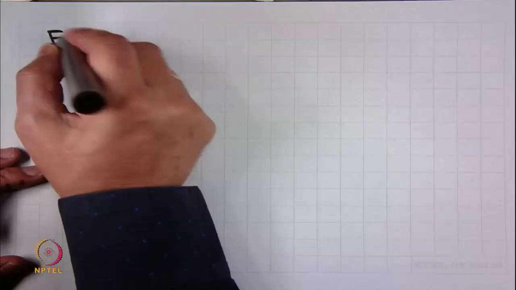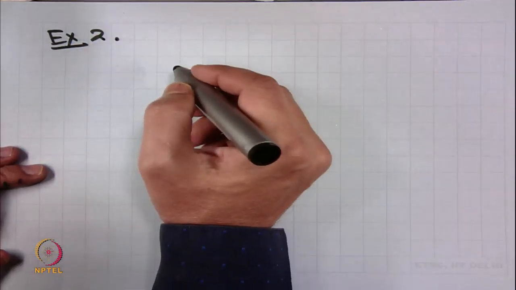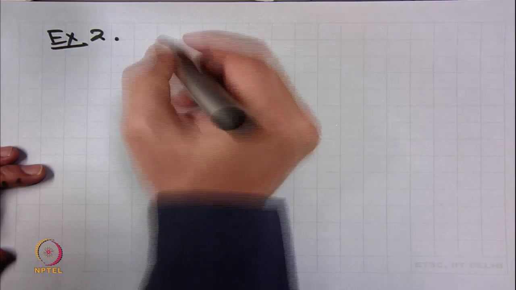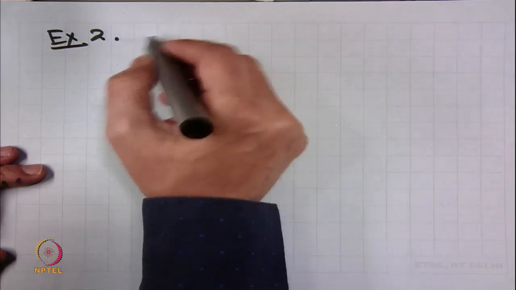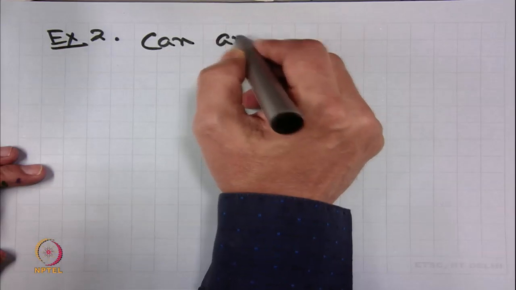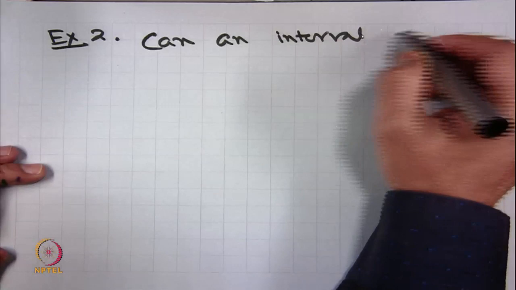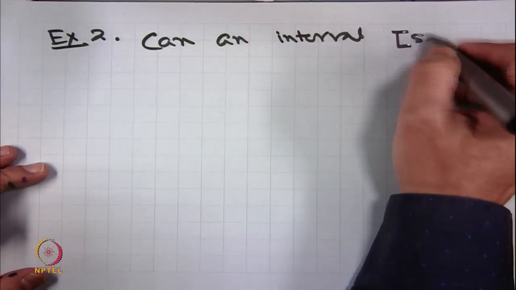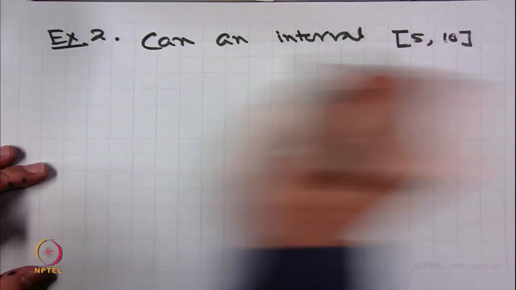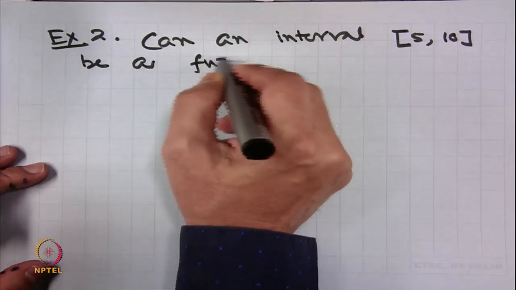Example 2. Can an interval, say 5, 10, be a fuzzy number?